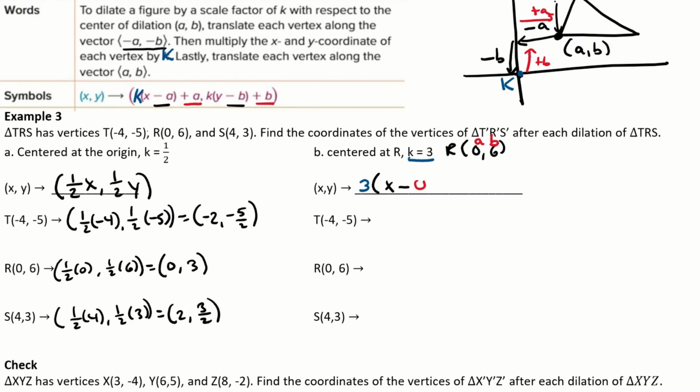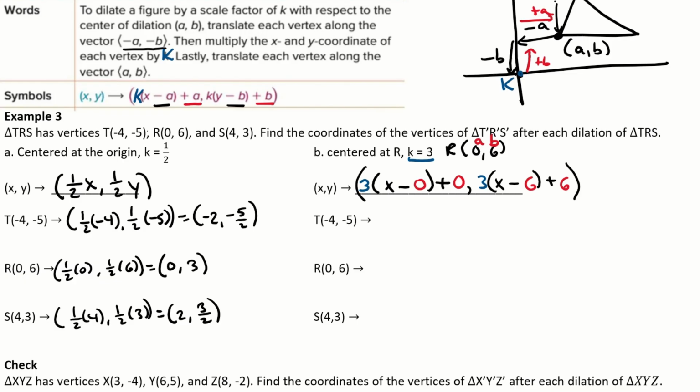Now a is 0, so 3 times (x minus 0) plus 0. Then k, which is 3, times (y minus 6) plus 6.